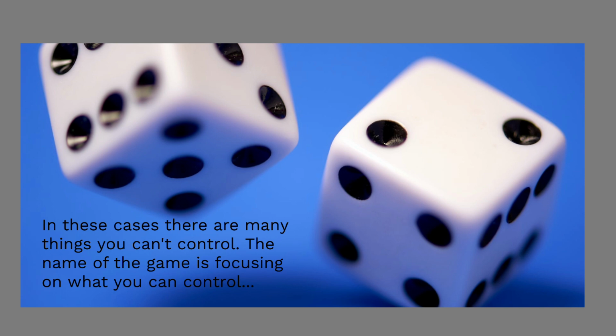You want to focus on the things you can control, and if you do that, you're going to give yourself the best chances of winning. Then you keep fighting, you keep rolling the dice, and eventually you likely will get approved.